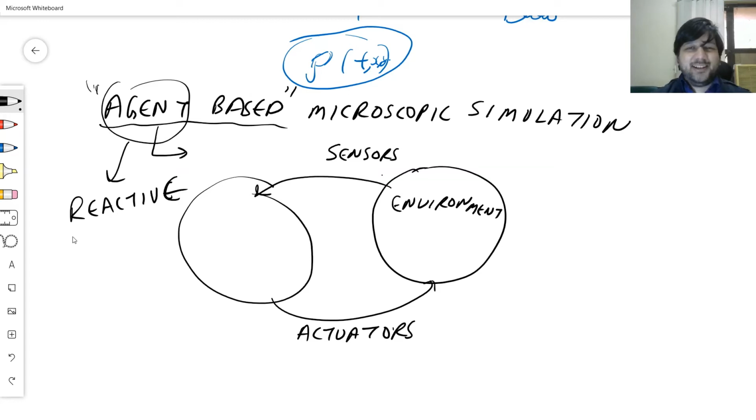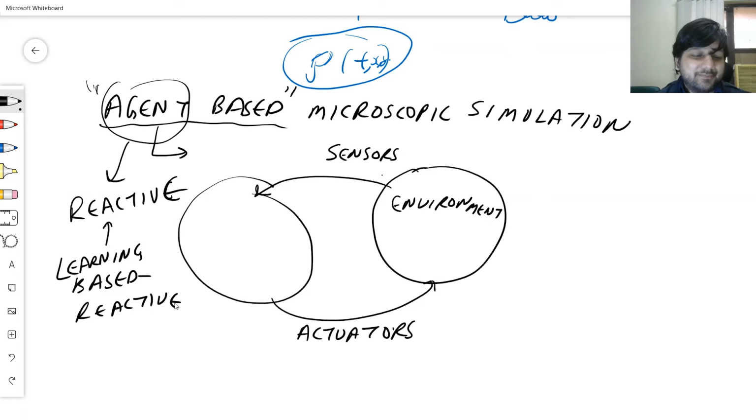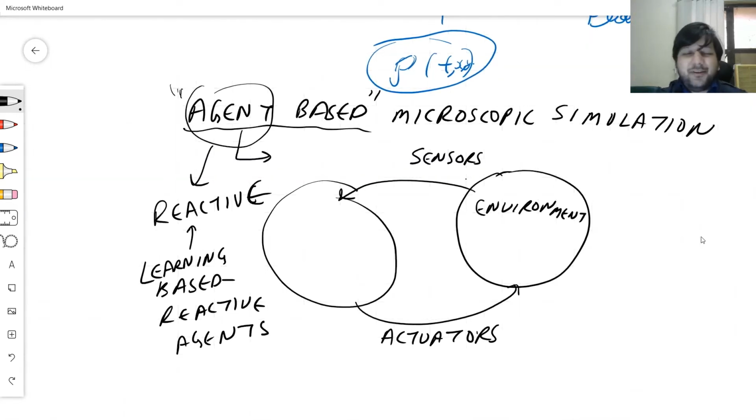Something which you would be expecting. Where is machine learning over here? Nowadays, no course is complete unless you utter the word machine learning. They are also learning-based reactive agents. So when I say the term reactive agent, normally what happens is that my reactive agents are said to be rule-based.